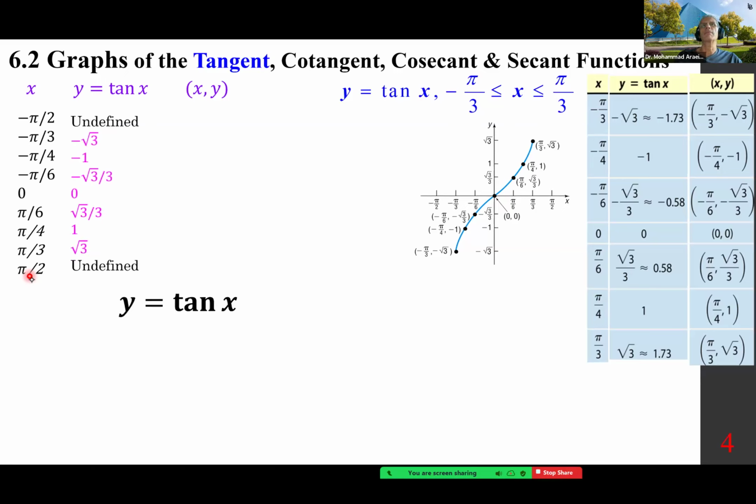So what does that mean? That gives rise to a vertical asymptote, x equals minus pi over 2 here, and x equals pi over 2 here. That's the meaning.